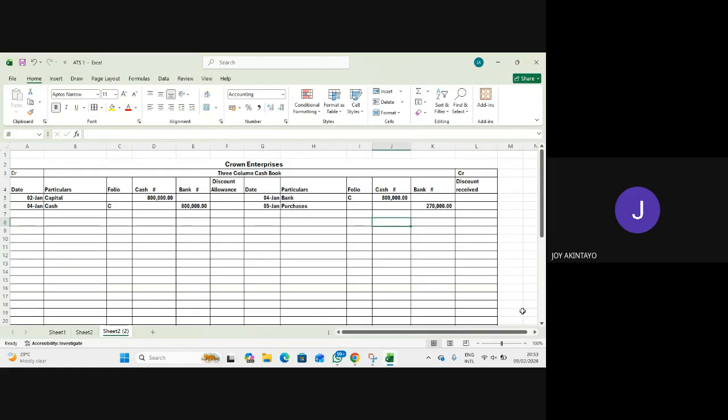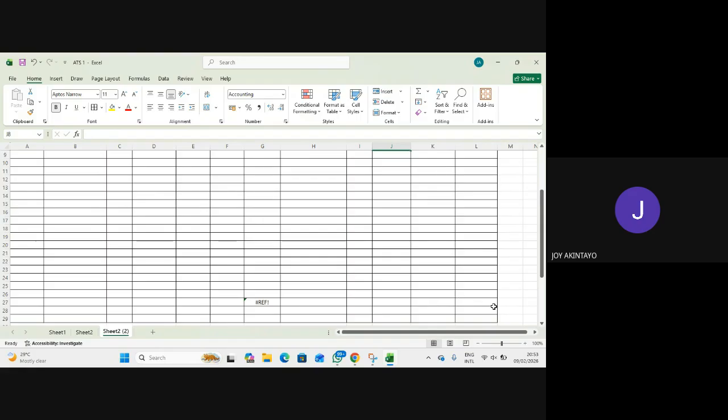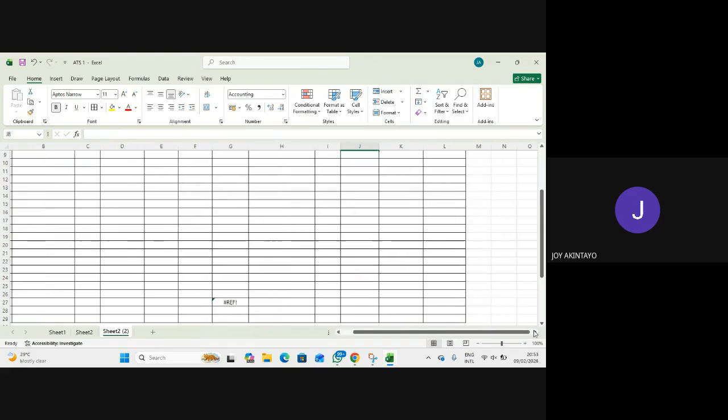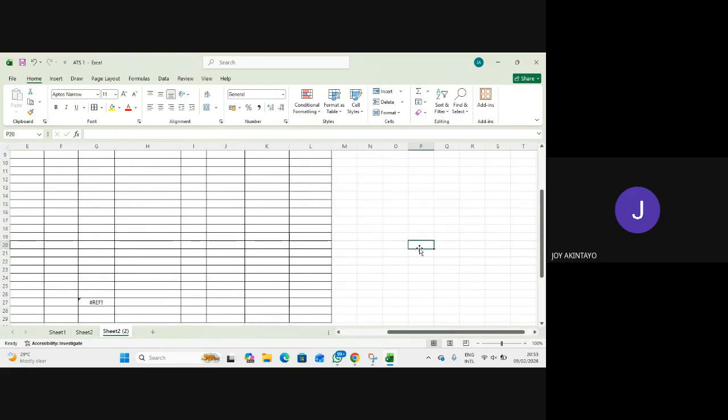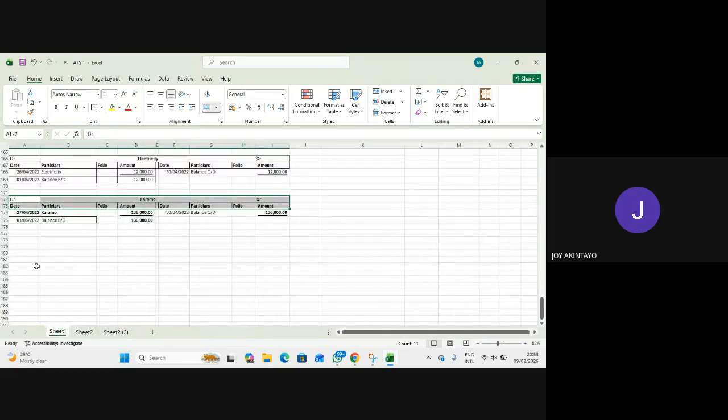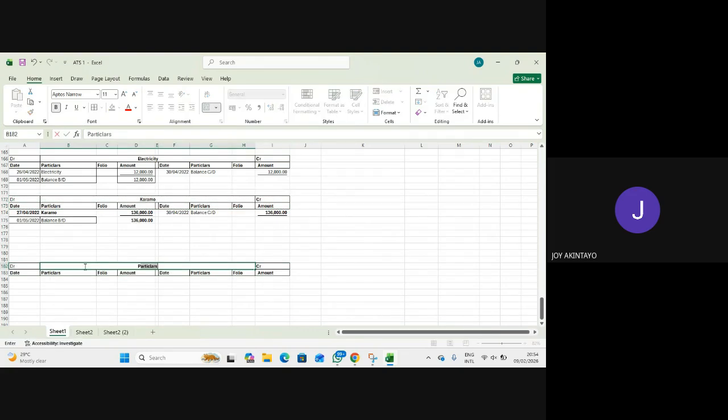Then you now create a separate ledger. I believe we've done a ledger. Yes or no? This is our ledger. As you can see, you now create a ledger. I'll just use this as example. So you put this to be your purchases. Are we together?